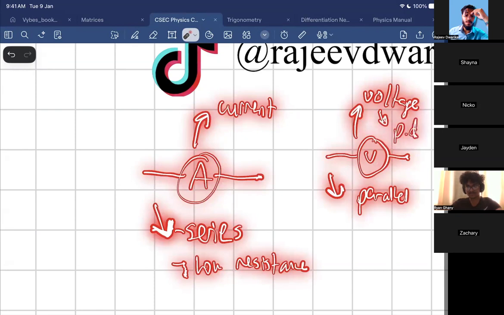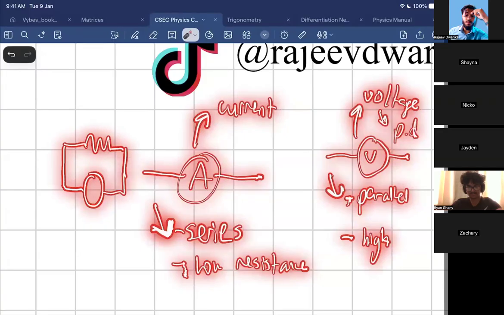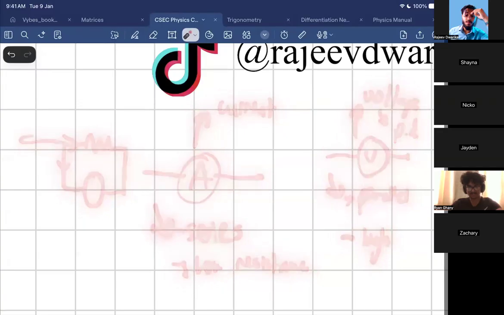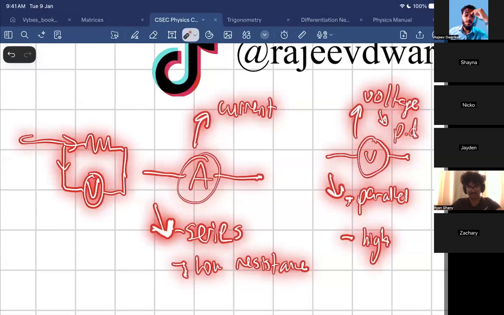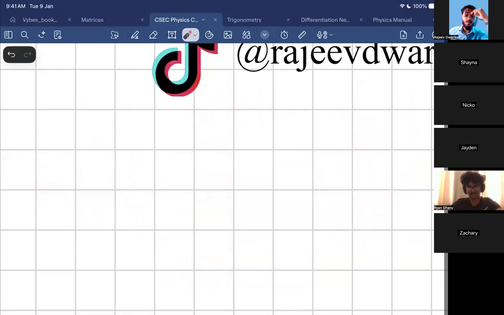Ryan, I'm going to call you again. High resistance or low resistance? High resistance, because we don't want any current to pass through the voltmeter. Remember, a voltmeter is hooked up in parallel, so the current would split. You don't want the current to split, so you use a high resistance to prevent the current from flowing through it. You want most of the current to flow through the resistor, or whatever component it is.